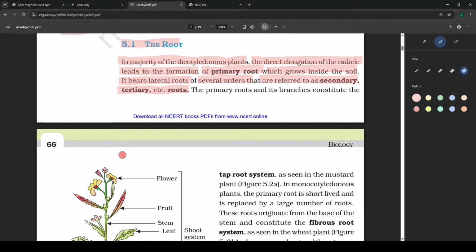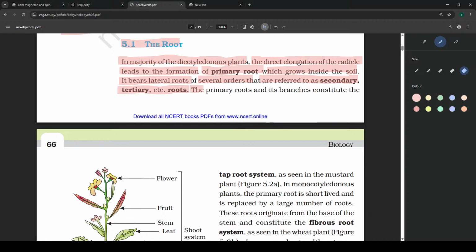After this has grown completely, many more lateral roots from this primary root will start growing, and the lateral roots growing on the primary root are called secondary roots, and from the secondary roots as well, again lateral roots start growing. Those are called tertiary, and so we go.